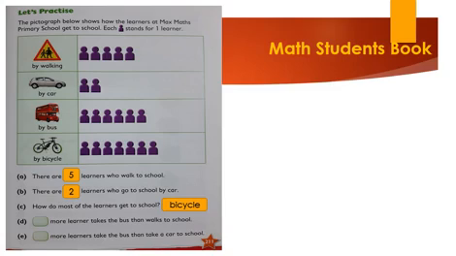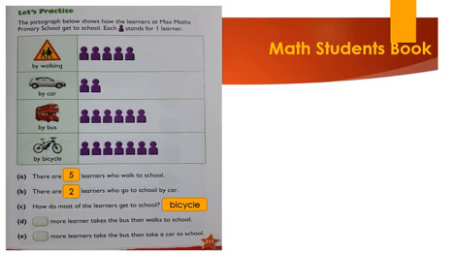Now kids, blank more learners take the bus than walk to school. So how many learners go to school by bus? Okay, 6. And how many students go to school by walking? 5.